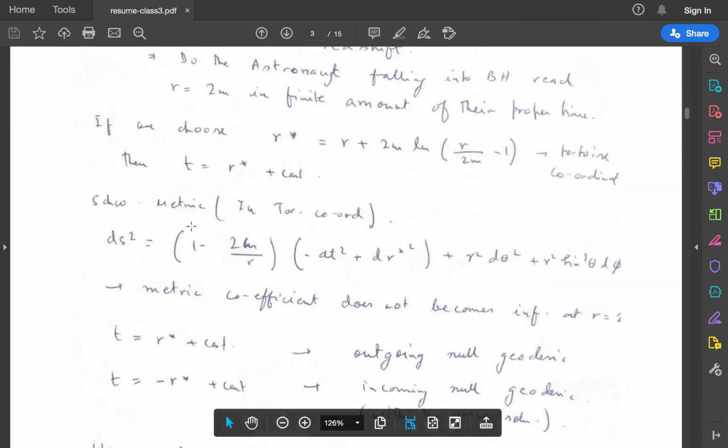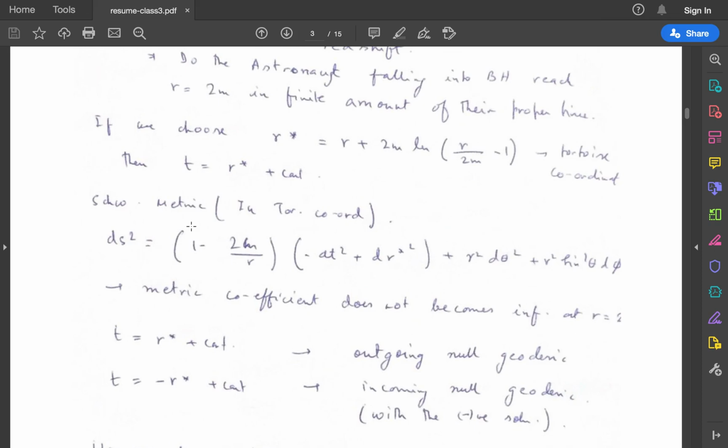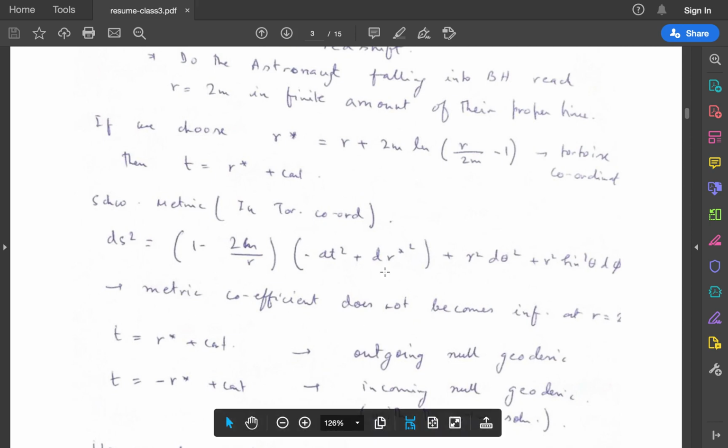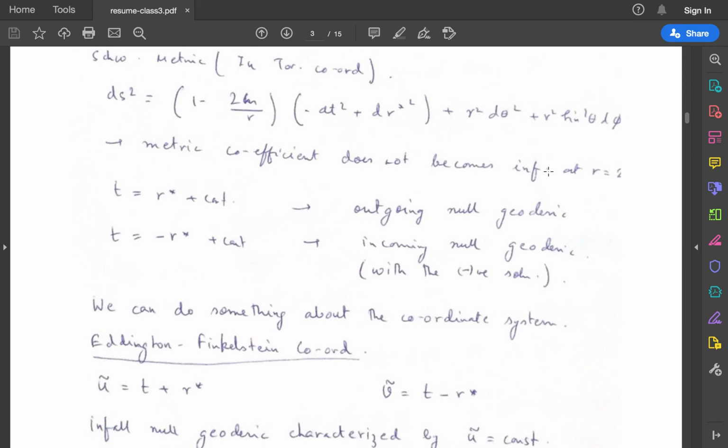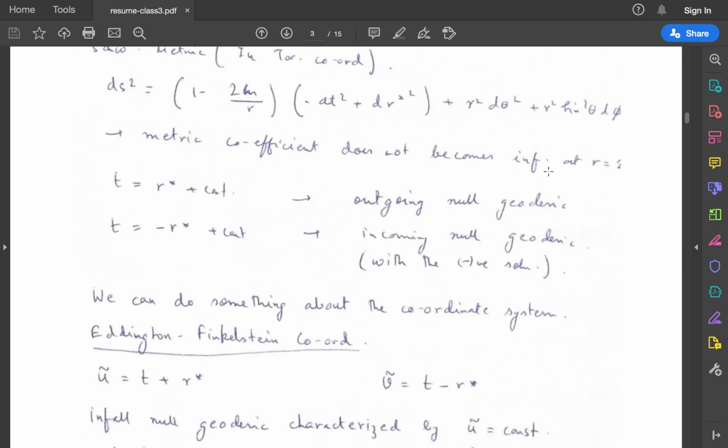Hello, welcome back, students. So last time what we saw was that r equal to twice m was the problematic point. But we introduced a transformation with the so-called tortoise coordinate, in which we saw that this can be removed. So can we put our suspicion on a stronger footing?